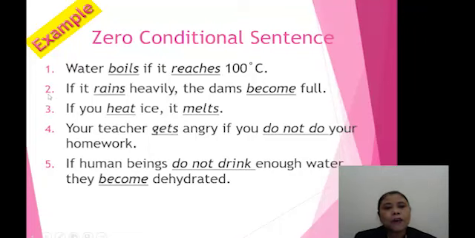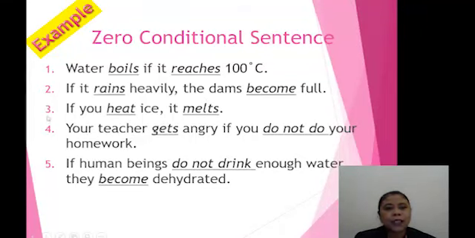In the example of number 2, you find two different verbs. If it rains, because the subject is it, so the verb must be plus s. If it rains heavily, the dams, because the dams here is plural subject, so the verb is without s.